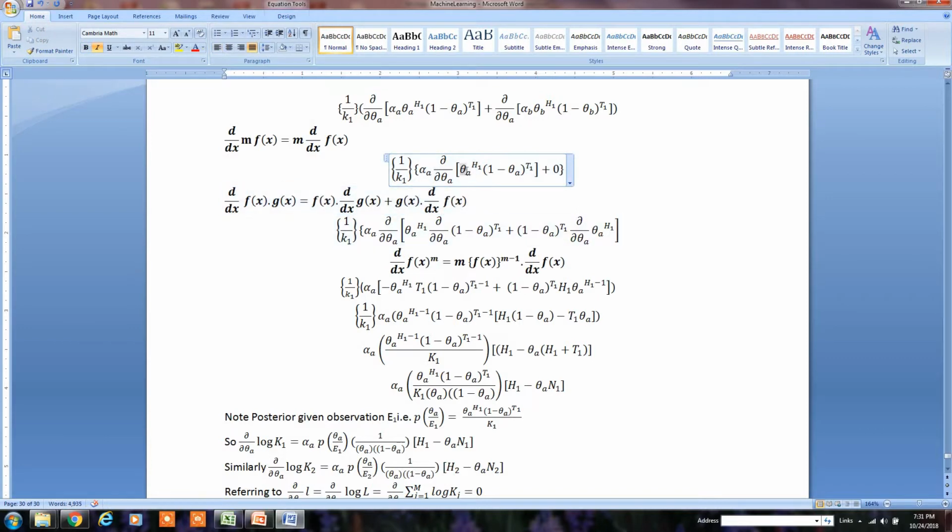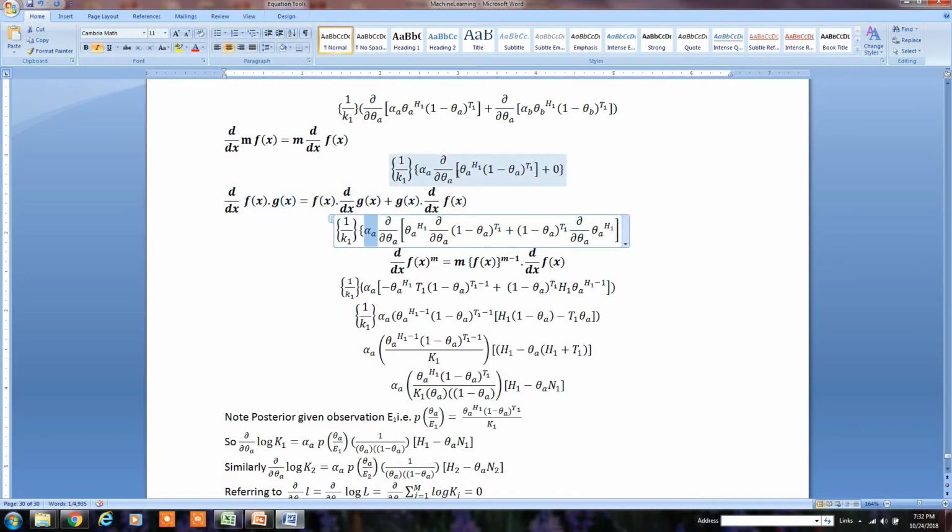Now let us map this formula to this place. Function of x can be mapped to this term because this is one function depending on theta a, and g of x can be mapped to this term because this is another function of theta a. Now following the formula, 1 by k1 comes as it is, alpha a comes as it is.